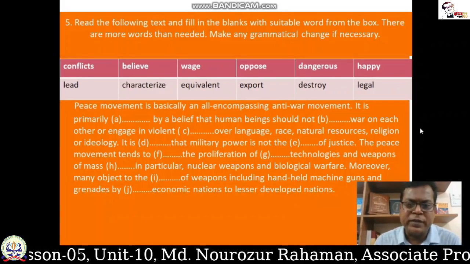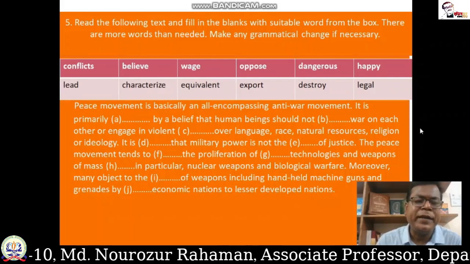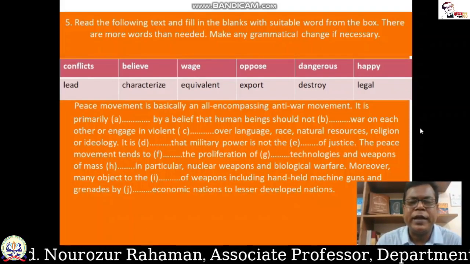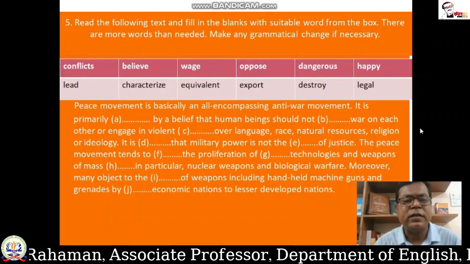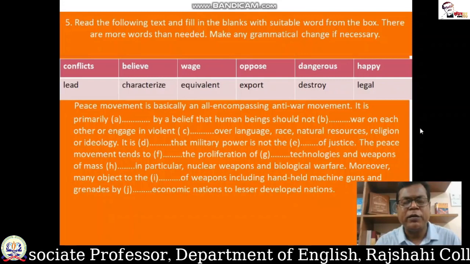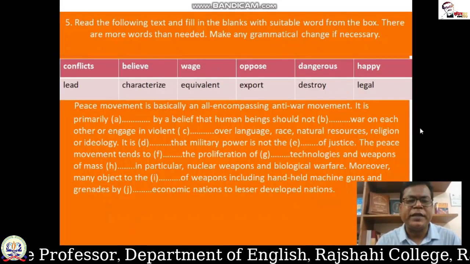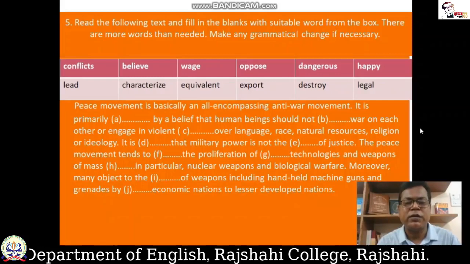Nuclear weapons and biological warfare. Moreover, many object to the dash of weapons. Many here means the peace movement organizers. They object, they do not want. What do they not want?